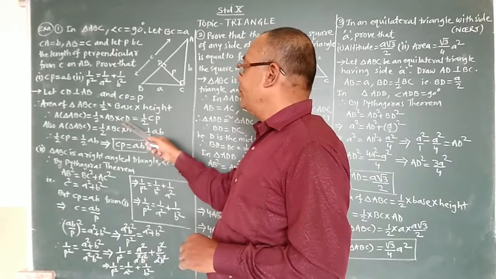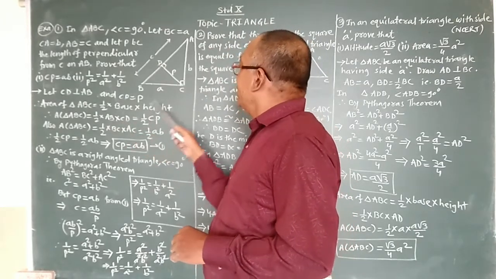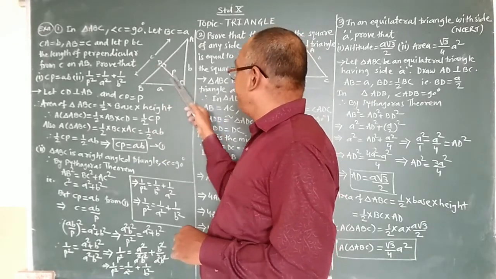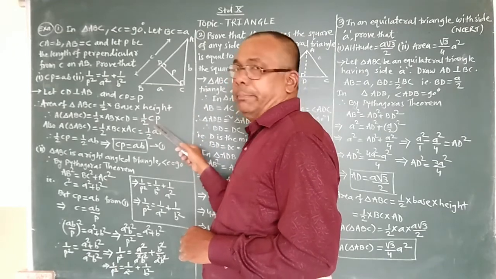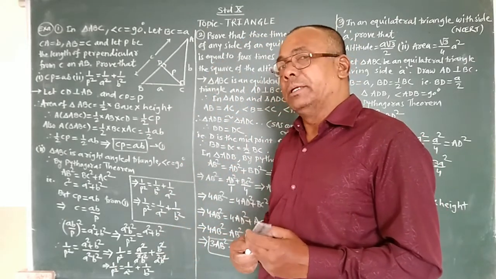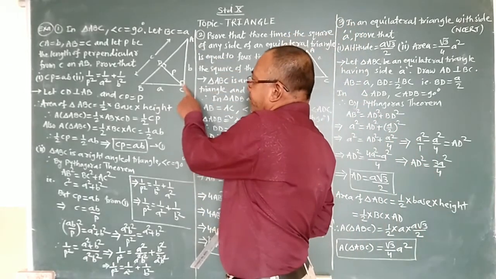So 1/2 AB into CD, AB is c and CD is p. So 1/2 cp.